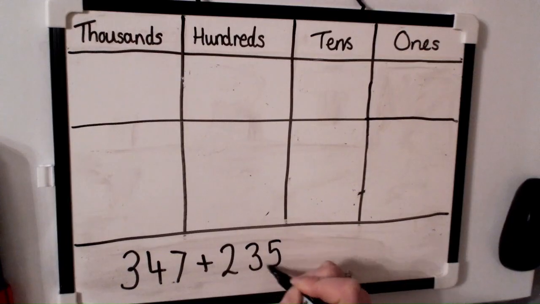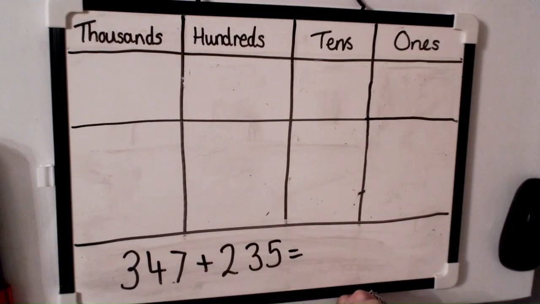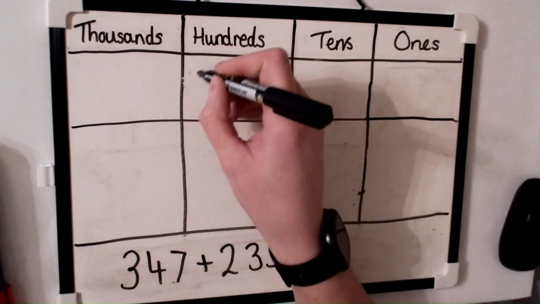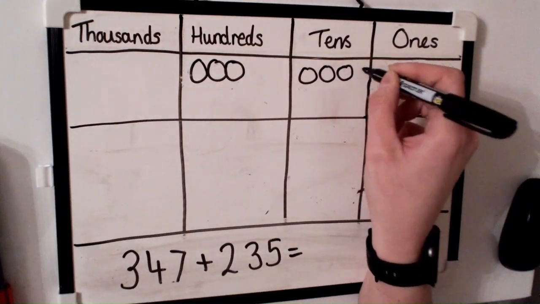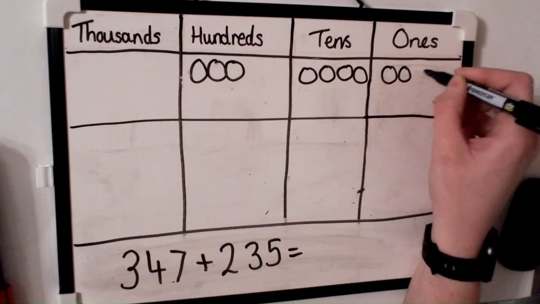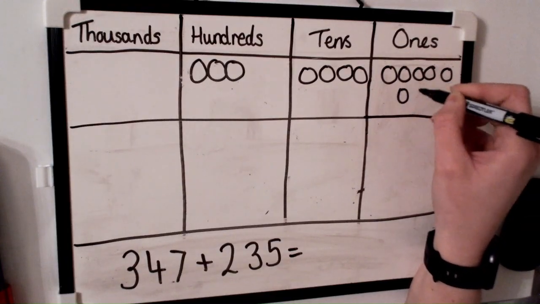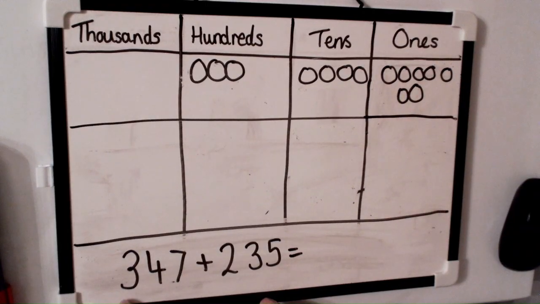So I'm going to draw and represent the numbers and draw circles for counters. So I've got 3 hundreds, 4 tens and 7 ones.